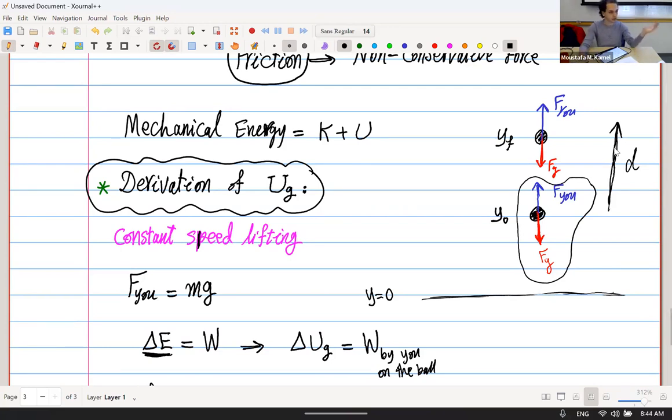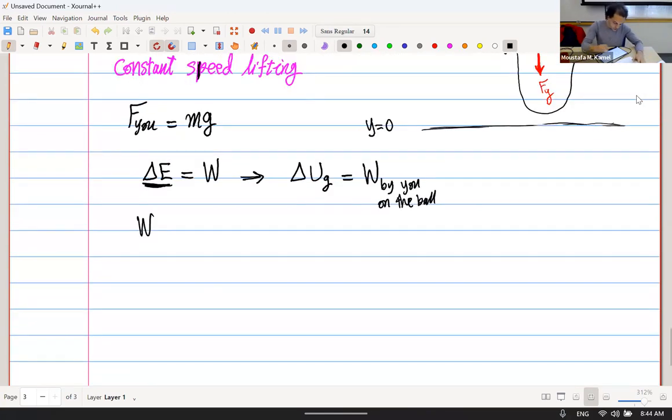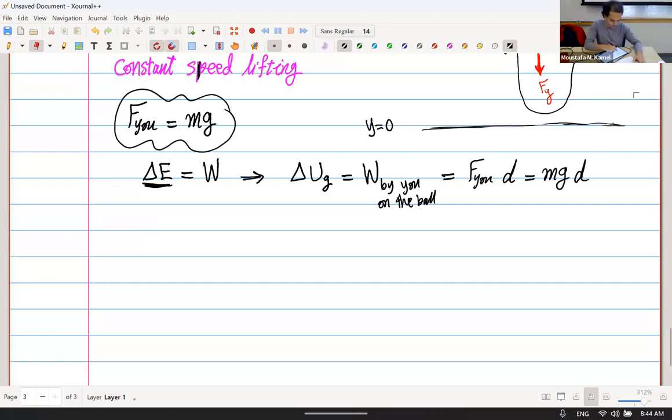So it's as simple as multiplying the force times distance without doing anything else. So the work done by you is equal to the force times distance, which is equal to mg times distance, because we said that your force is equal to mg as well, right?